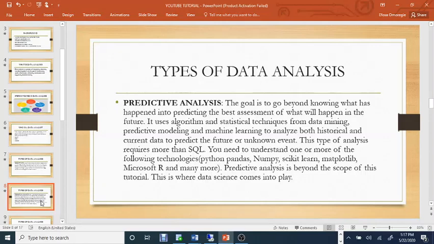After identifying patterns and gaining insight from your historical and current data, you are able to come up with predictions about the future or about an unknown event.